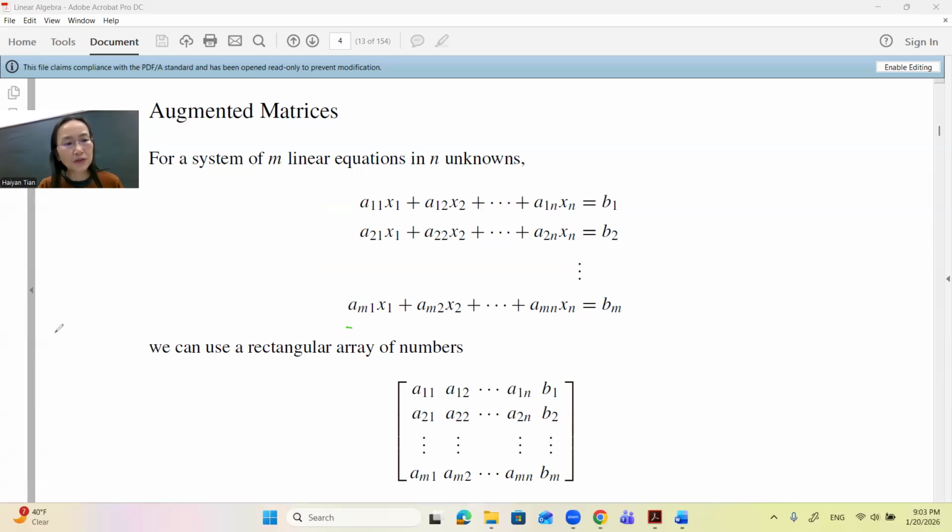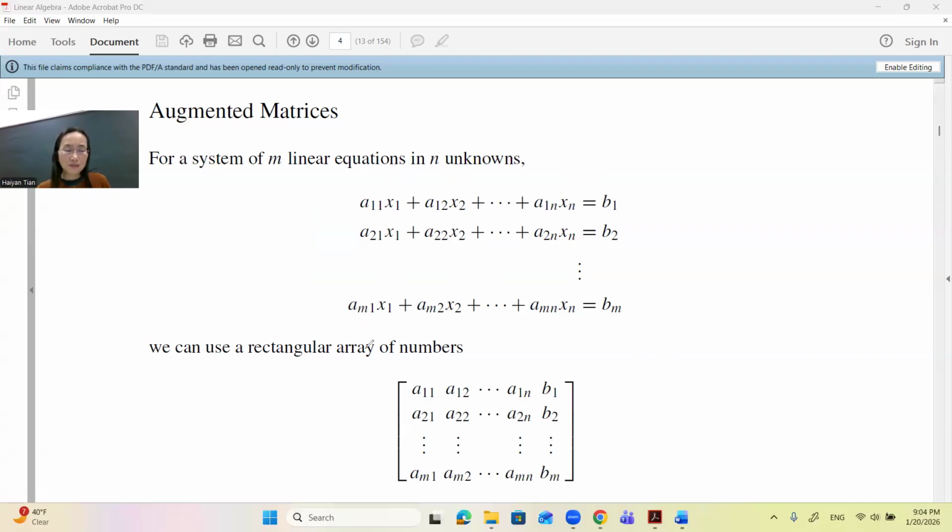So you see a system of how many variables? N variables. How many equations? M equations. That means the number of equations goes from 1, 2, 3, 4, all the way to m. M equations, how many variables? 1, 2, 3, 4, all the way to xn, n variables.